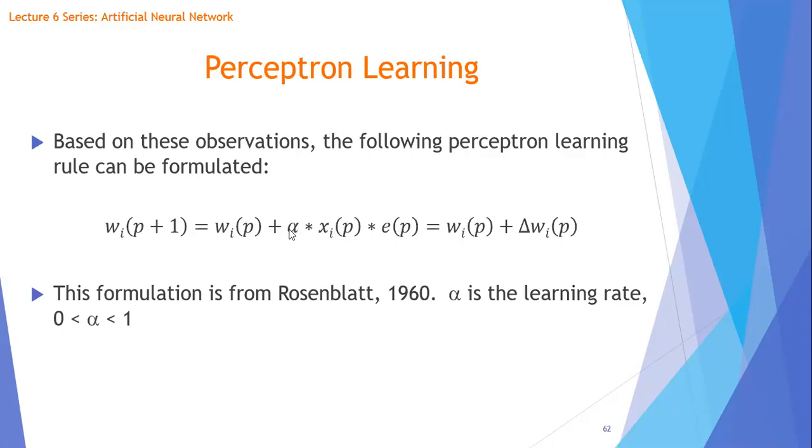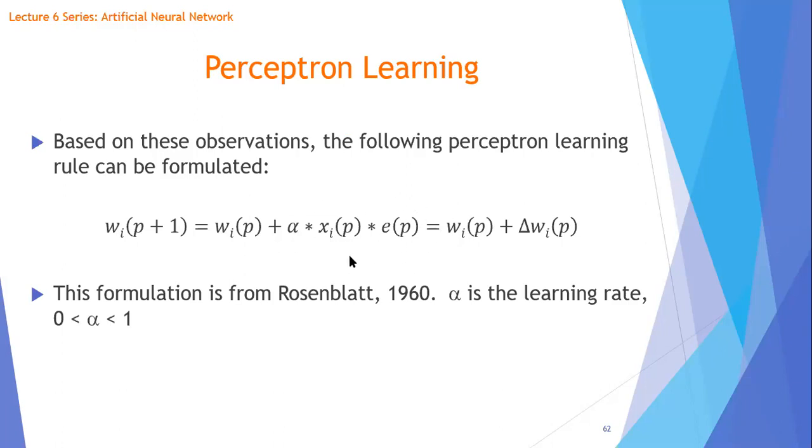Now we multiply this by an alpha here, which is called the learning rate. So we're not just taking the product of Xi and E and making changes in the weights. We're saying we want this to be reduced by a given proportion, which we call the learning rate alpha. Now, what this equation is simply saying is, if you want to calculate a new weight for a given input, you take the previous weight and you add that factor we just worked out.